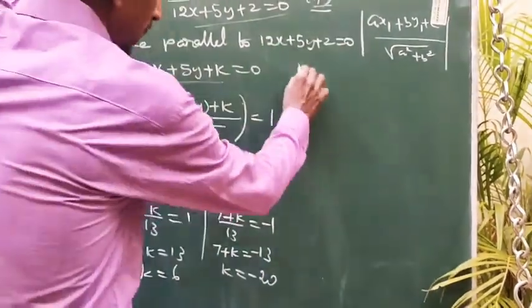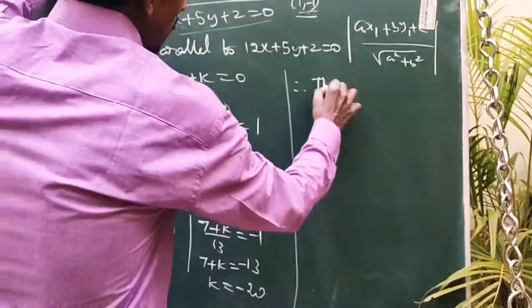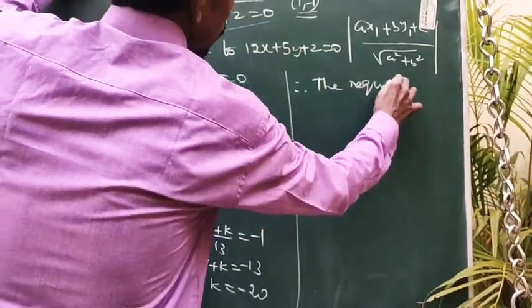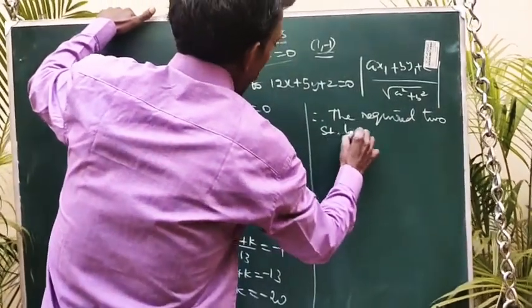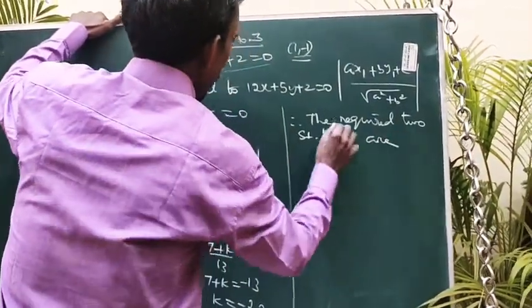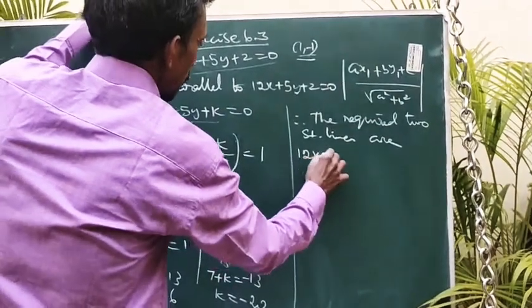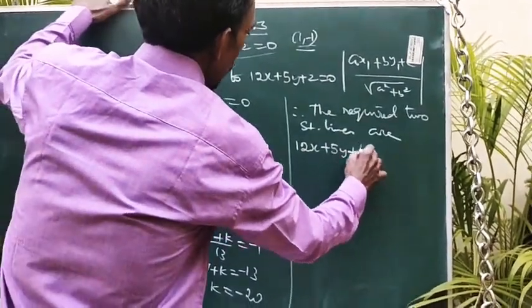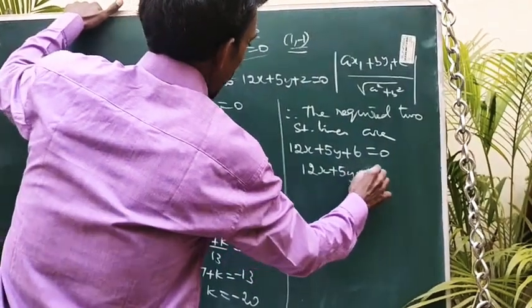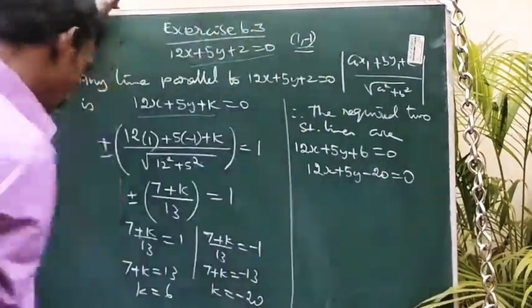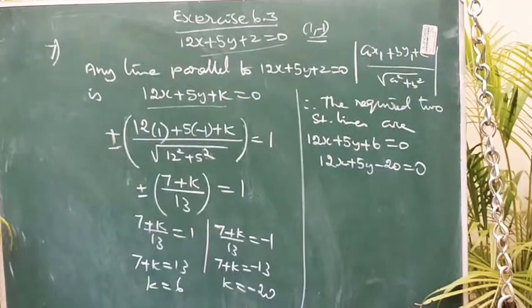Put it here. Therefore, the required two straight lines are 12x plus 5y plus 6 equal to 0 and 12x plus 5y minus 20 equal to 0. They are the required two straight lines.